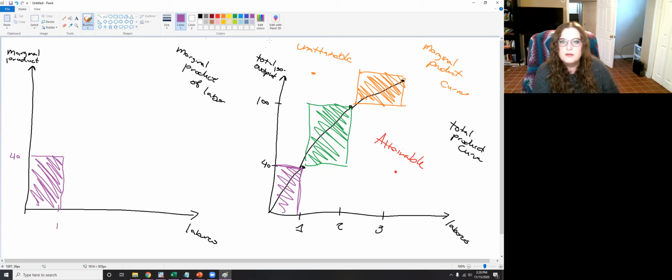All right, well, what was the marginal product of worker number 2? Well, that's the extra 60 cookies, right? Because when we went from 1 worker, there were 40 cookies, to 2 workers, there were 100 cookies. 100 minus 40 is 60. So the marginal product of the second worker is our additional 60 cookies.